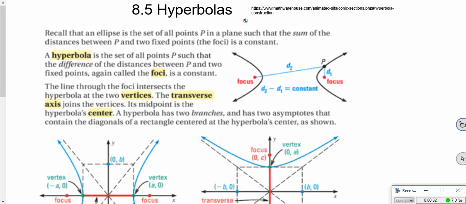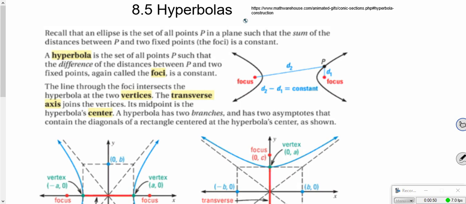If you remember, an ellipse is the set of all points in a plane such that the sum of the distances between the points and the two foci is constant. Okay, now let me just kind of quickly draw that.